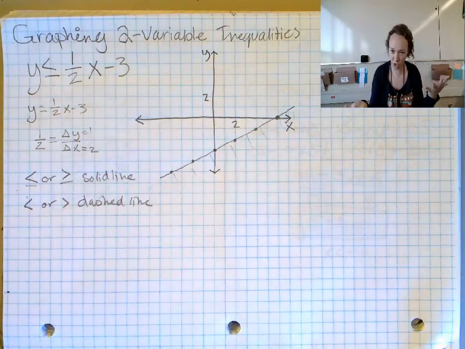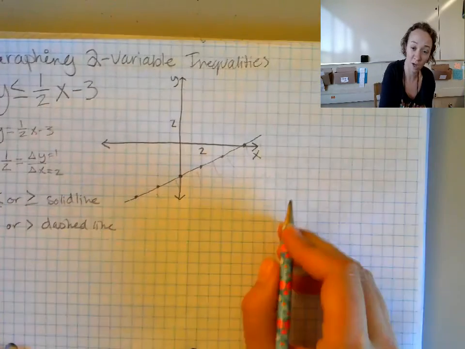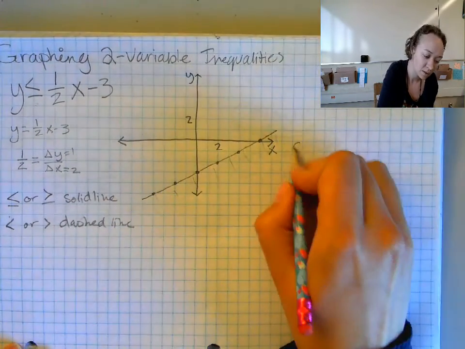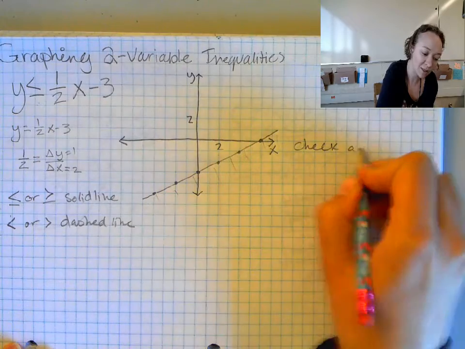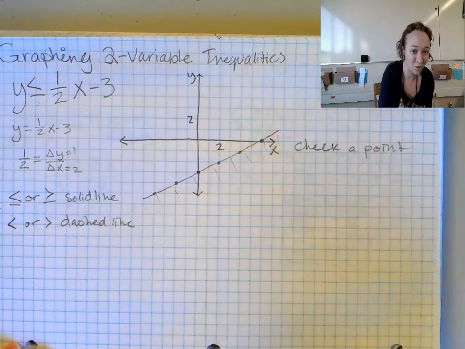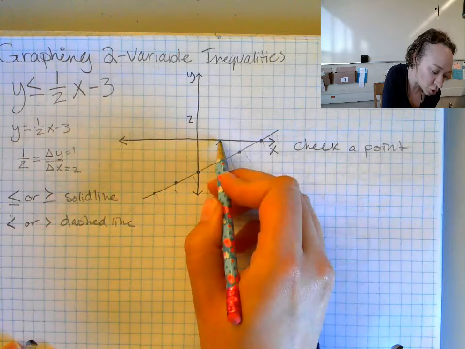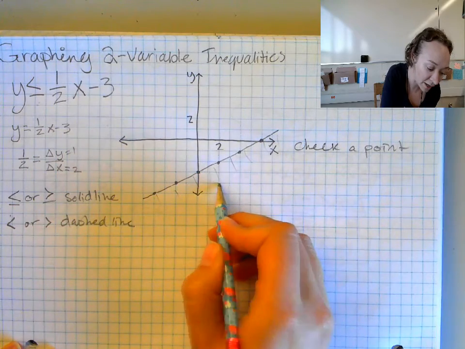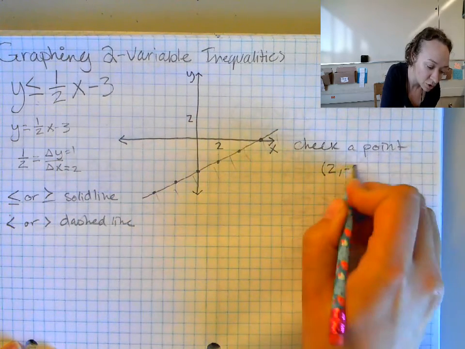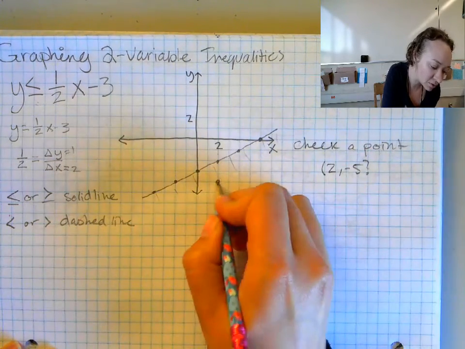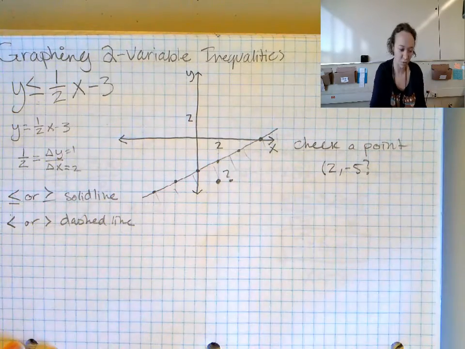But just to double check, we can always check a point. So I'm going to check a point that I think is in the solution region, for example, 2, -5. Is that going to work?